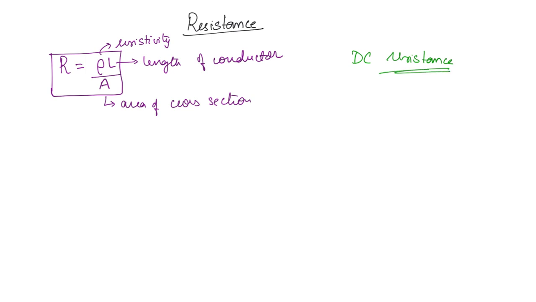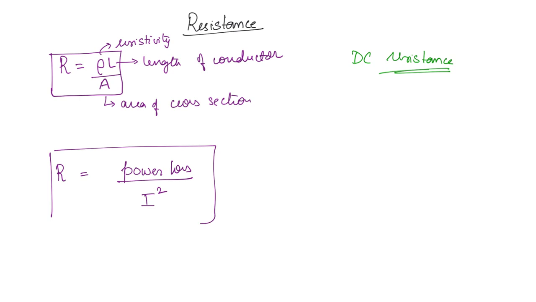Now resistance can also be found out from the power loss. What will be the expression then? R you can write as the power loss present in the circuit divided by the square of current. This is also one way in which we can find out the resistance. There are many ways, but this is one way. This particular expression is called the effective resistance.